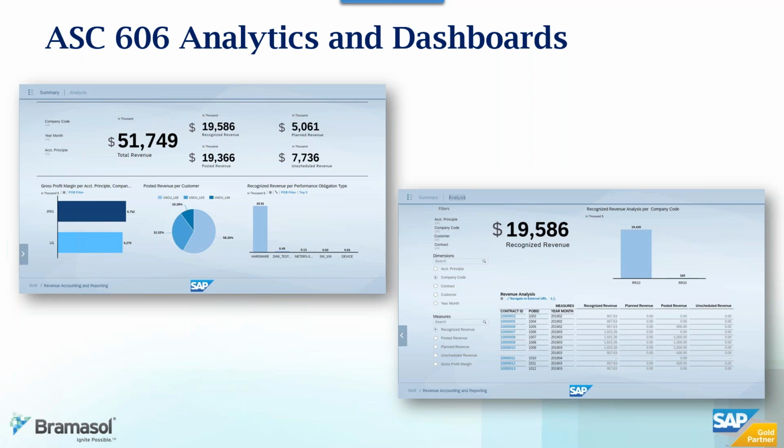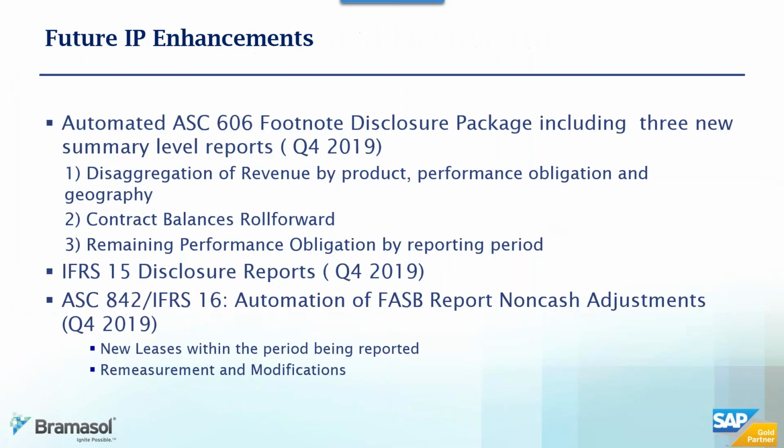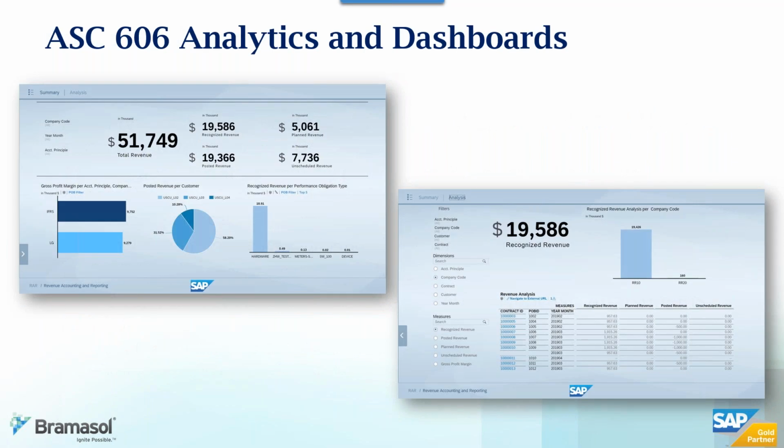When it comes to 606, it helps you bifurcate. If many of my POBs are at a point in time, then maybe I should focus my marketing spend on those POBs rather than the overtime performance obligations. I know John likes to talk about the analytics piece because it's very critical for our customers now. John, maybe you want to jump in and give some more insight on that.